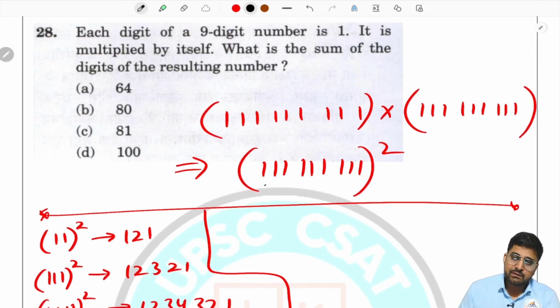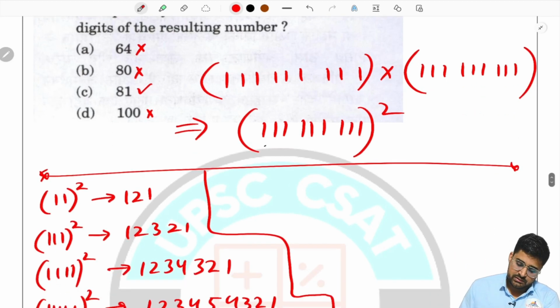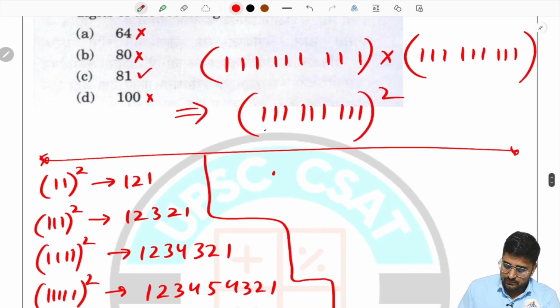Is 64 divisible by 9? No. 80? No. 81? Yes. 100? No. That's how you can do this by the divisibility rule of 9.